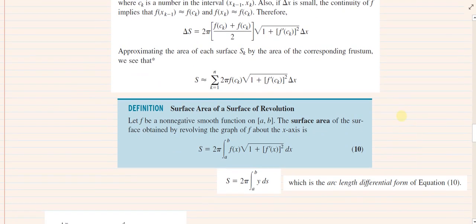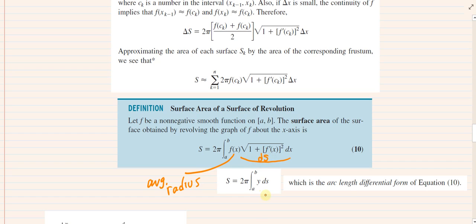Okay, and once you take the limit of the Riemann sum, then of course you get the actual surface area of revolution, which is now 2 pi, again, f of x, and here the f of x is the average radius again. Okay, and there you have the formula. And remember, this portion of it is the differential of arc length, ds. That's the differential of arc length.